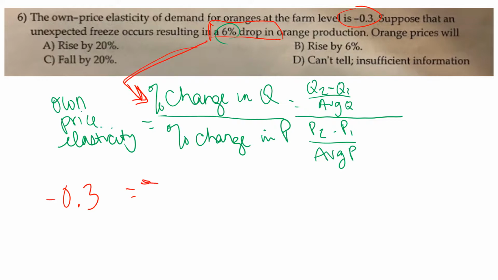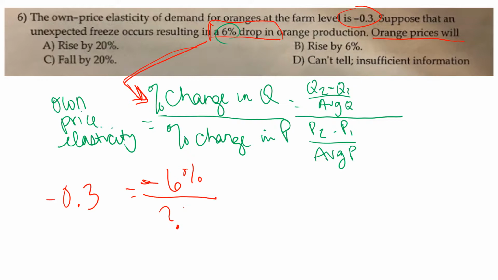So we have a negative 6%. And we do not know the percent change in P, but that's what it's asking. Orange prices will do what?